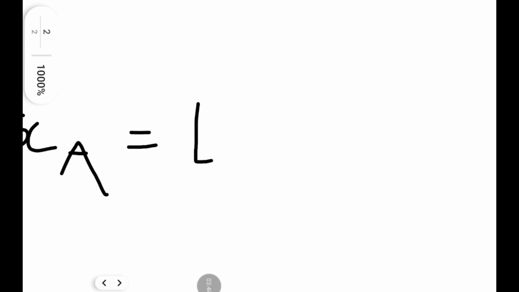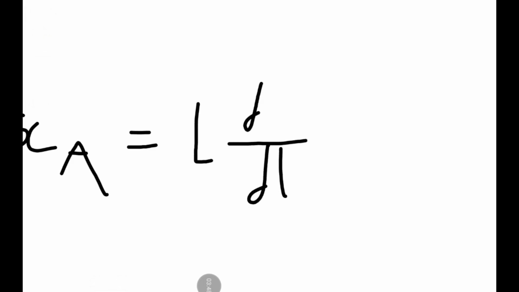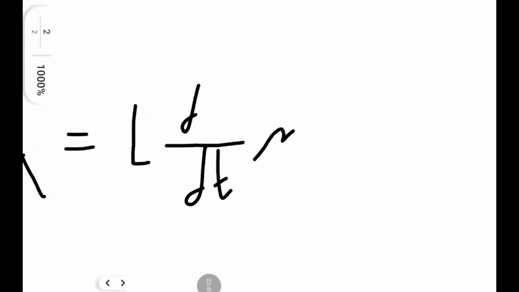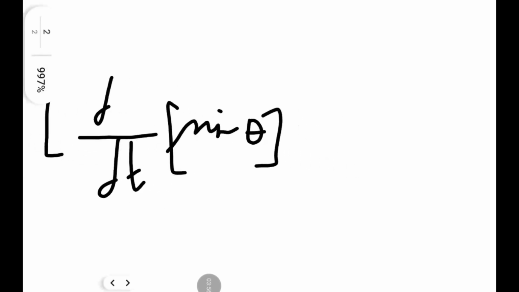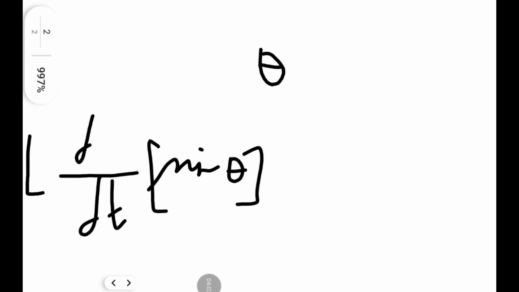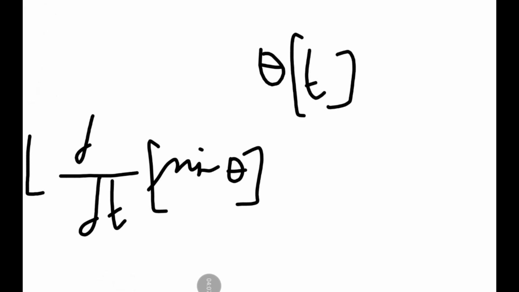Now, when you differentiate sine of theta with respect to t, you need to use the chain rule. We know the derivative of sine is cosine, however you have to multiply by the derivative of theta, which is a function of time.